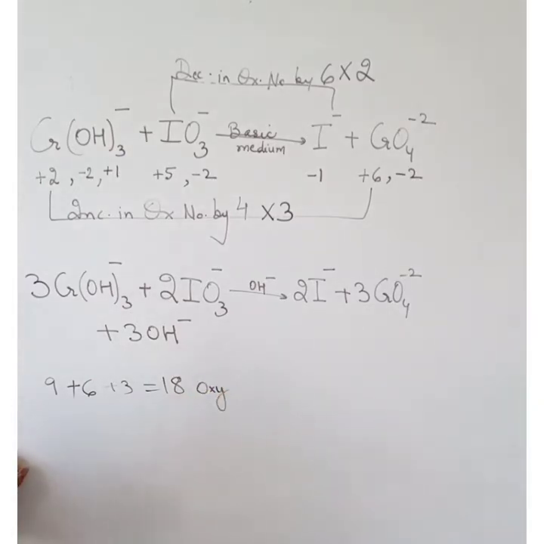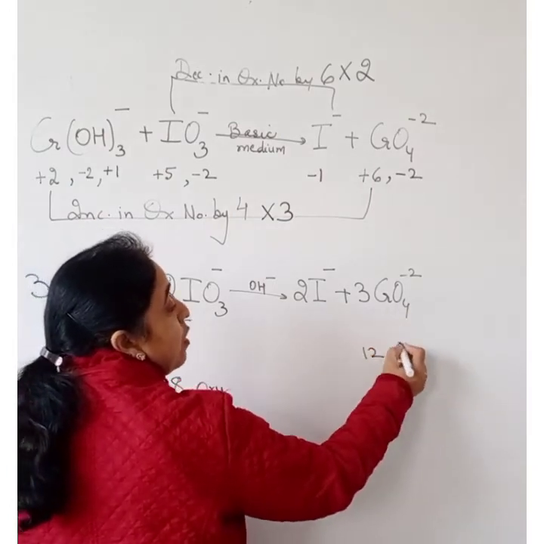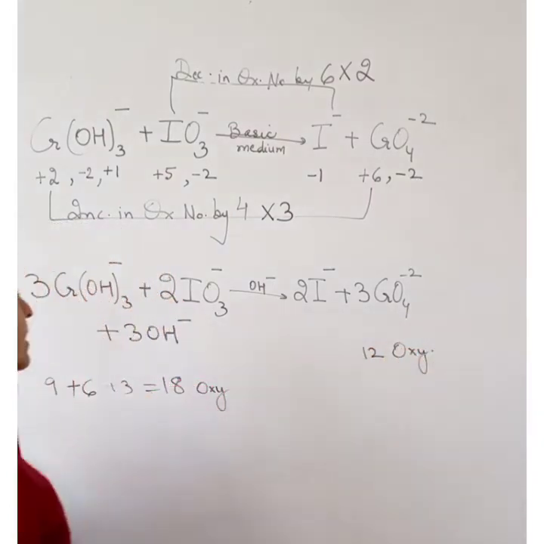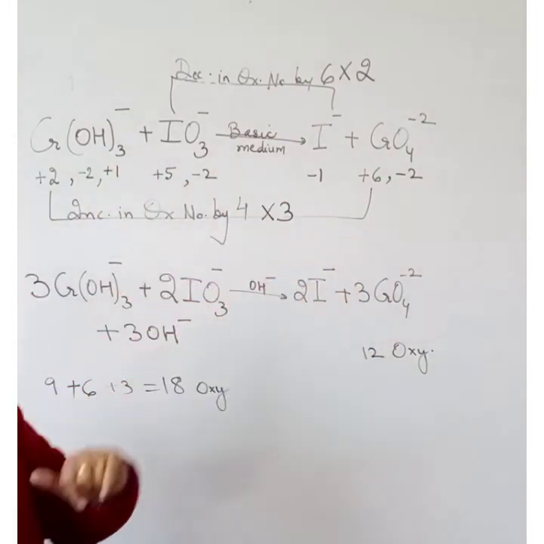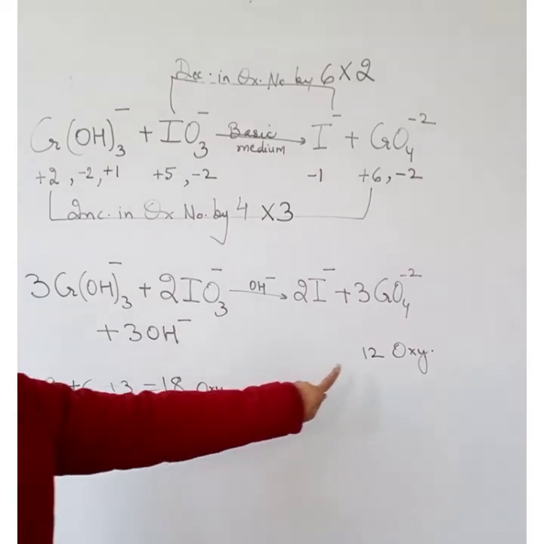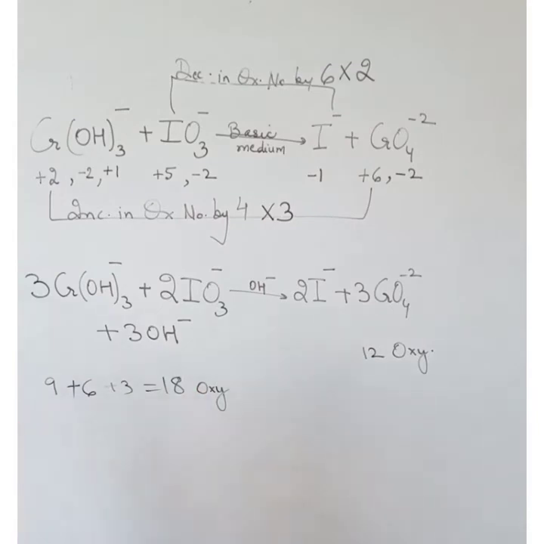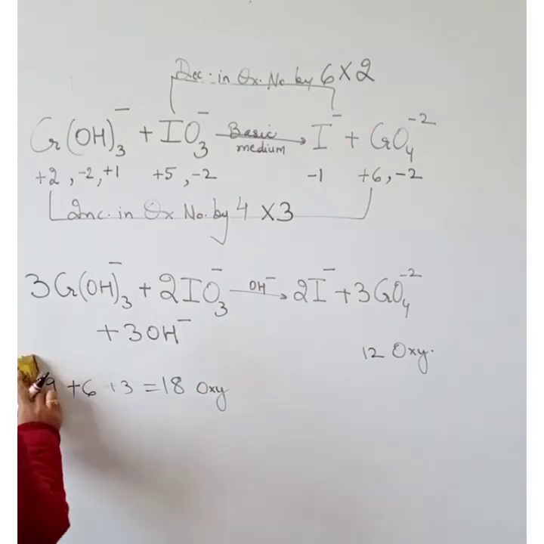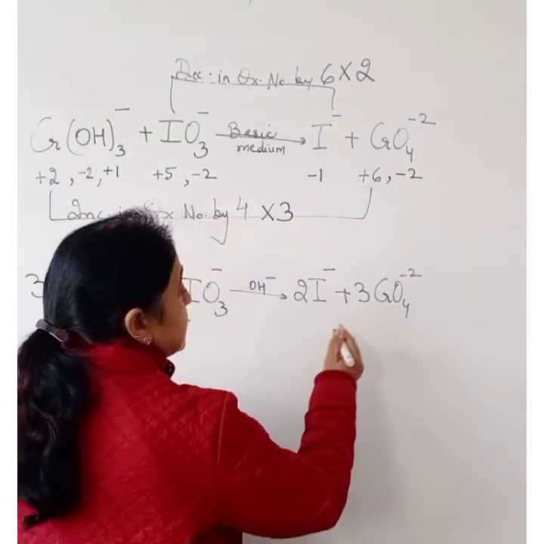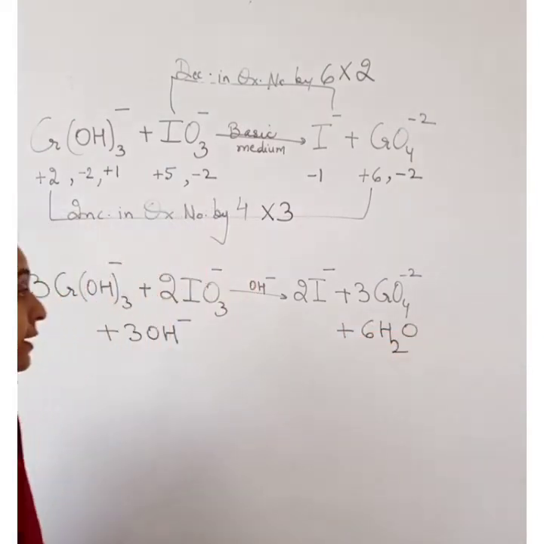Let us see on the right hand side. 4 threes are 12 oxygen atoms on the right hand side. So which is the deficient side? Right hand side is the deficient side and it is deficient by how many? Total 6 oxygen atoms. So we have to add plus 6 H2O on this side.